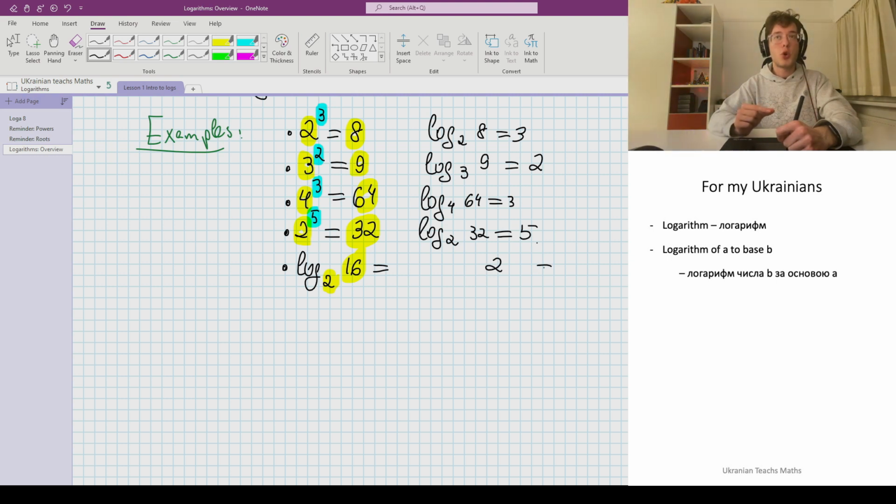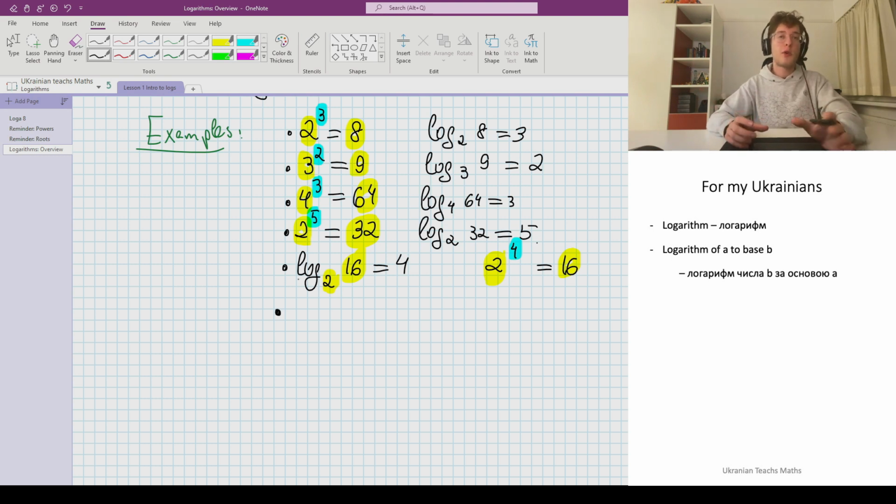So we have this 2, we have the result 16, and we are searching for the power here on the top. And wow, that's a good question. What power should we take in this case? What exponent should we take? And we should take the exponent 4, because 2 times 2 times 2 and another time times 2 is equal to exactly 16. So the log base 2 of 16 is equal to 4.